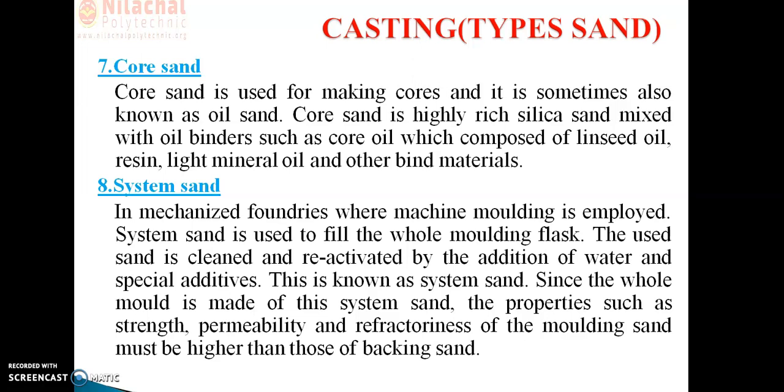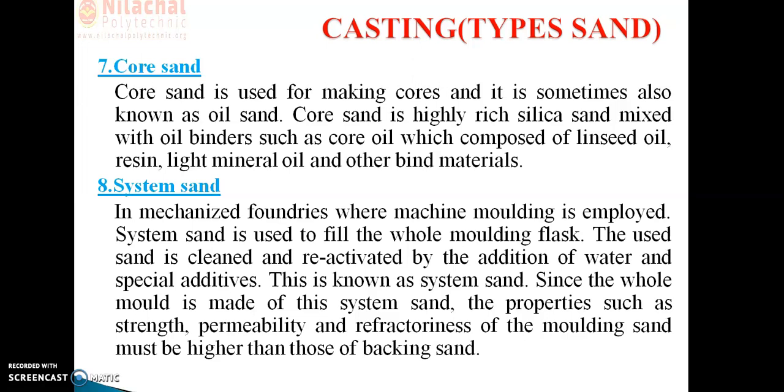It is used in a mechanical sand preparation and handling system. System sand is nothing but the old sand which we collect when the casting product is out of the mold. These sands we reuse for the purpose of reducing production cost.